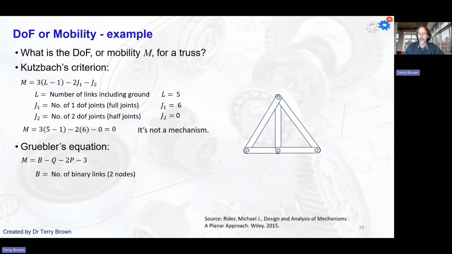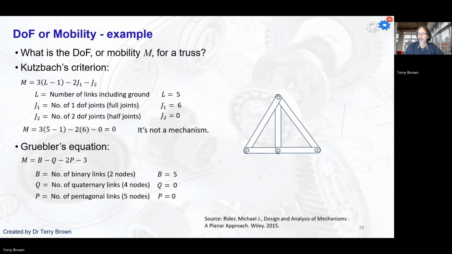If we do the same thing with Grubler's equation, the number of binary links is 1, 2, 3, 4, 5, no quaternary links. And we put that into Grubler's equation, and that tells us we've got a mobility of 2, which is obviously not correct.